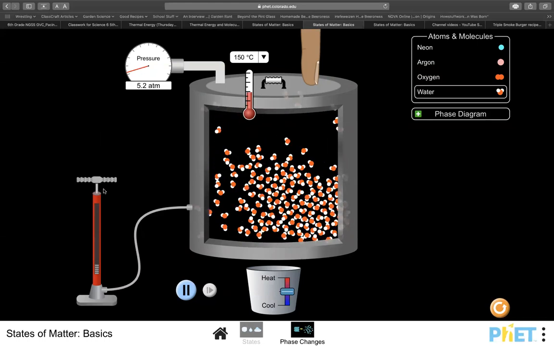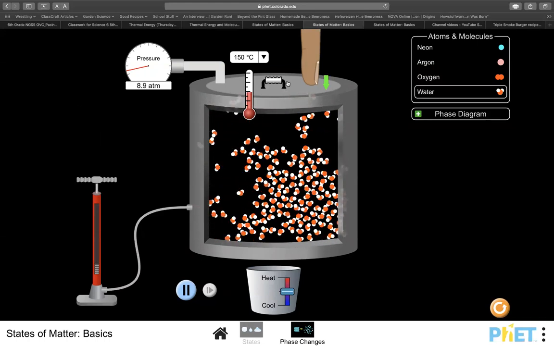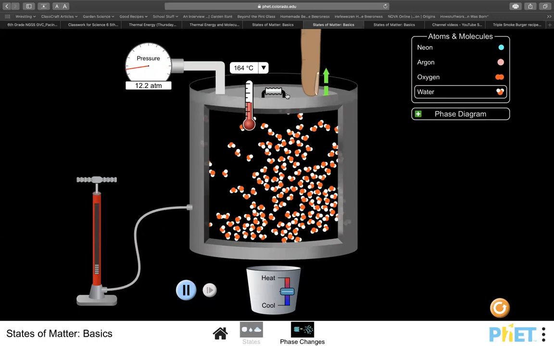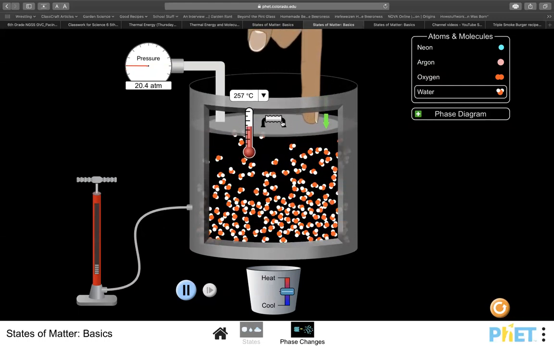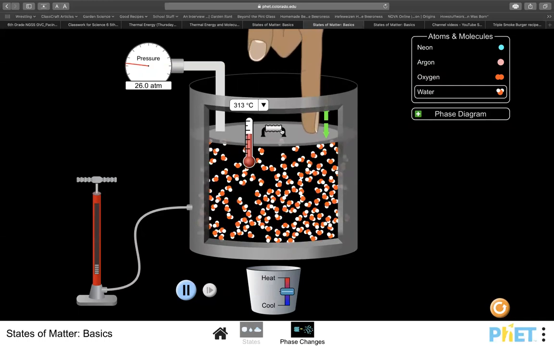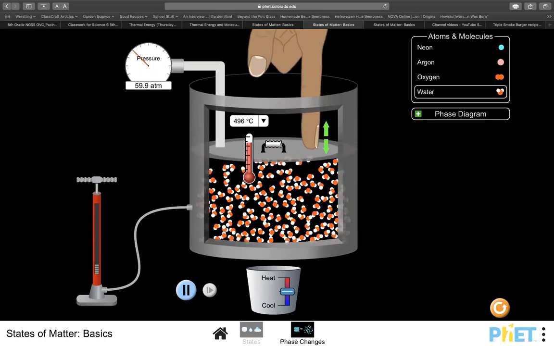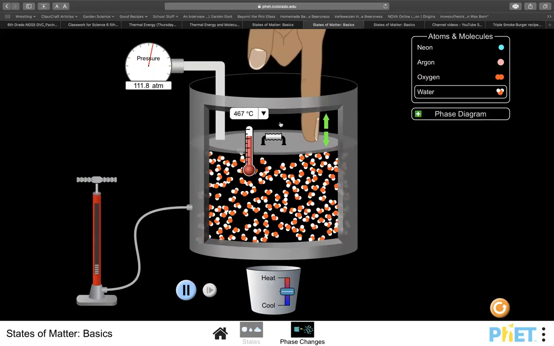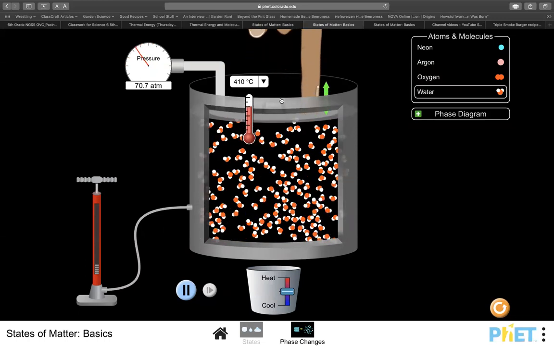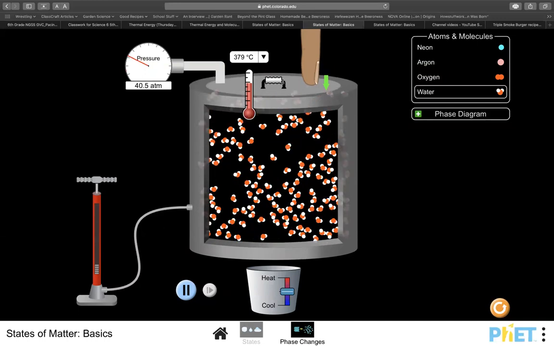So play with that. The other thing to play with is the finger here. As you make less and less space, things happen. Watch what happens to the pressure and the temperature when you do this, okay? So I'm having you do this to kind of understand some variables with phase change.